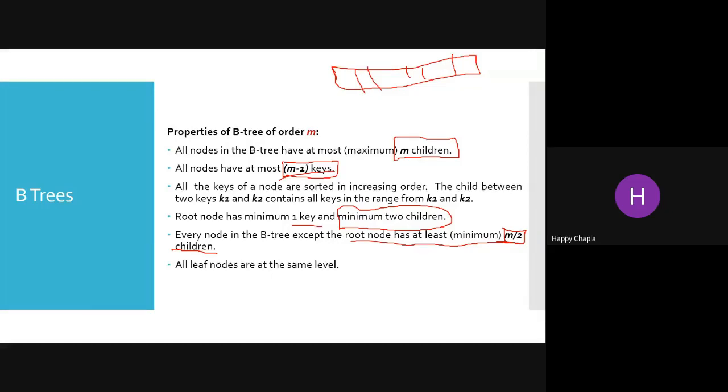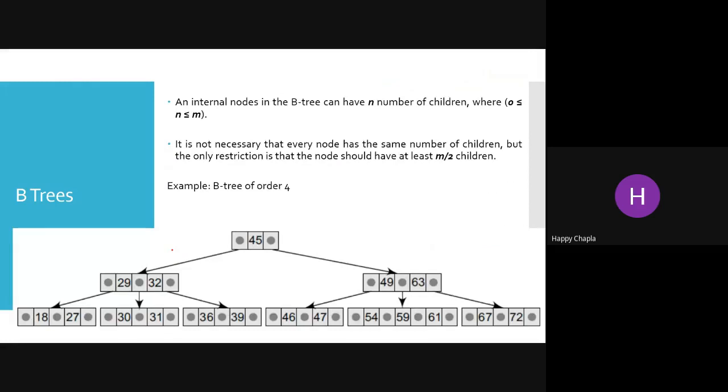Now all leaf nodes are at the same level. An internal node in the B tree can have n children where n is greater than 0 and at most m.